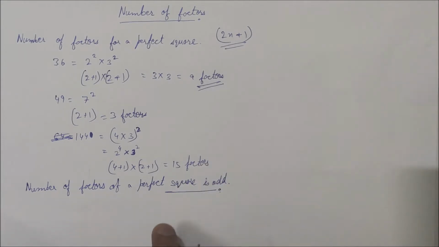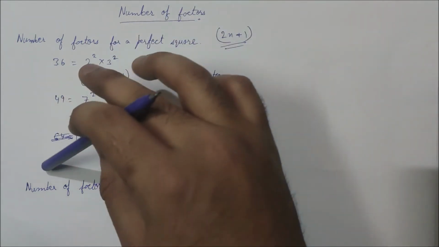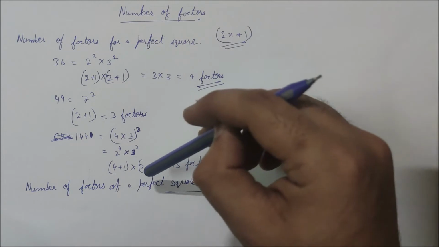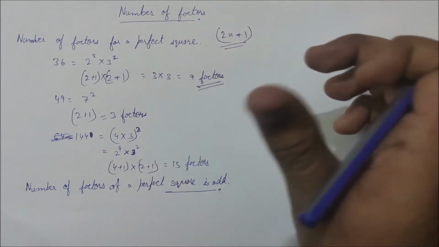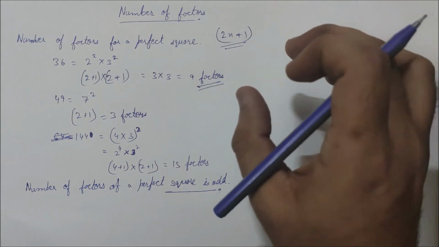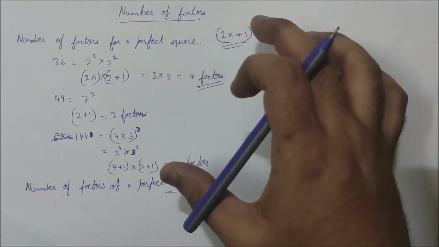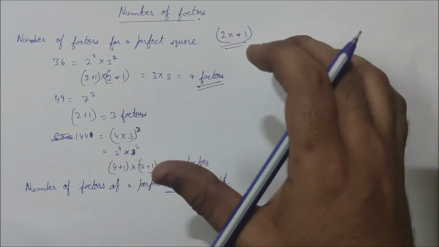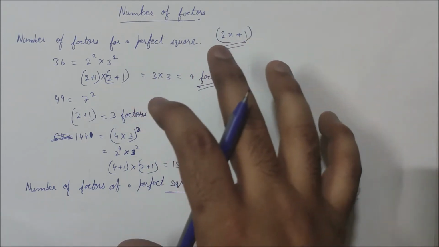So we need to remember this, because in questions when it is encoded, this kind of a statement might be used where you need to infer that it's a perfect square, so definitely the number of factors would be odd, or if there is a number such that the number of factors for that number is odd, then it has to be a perfect square. These kinds of inferences are something that you need to make, especially while giving CAT. These inferences are something that you'll come across quite often.